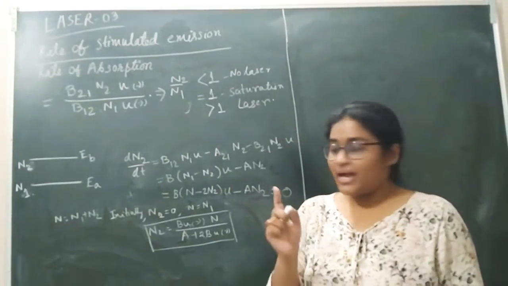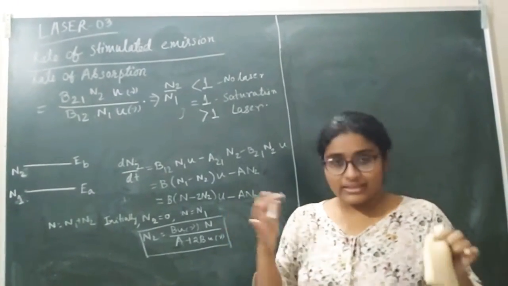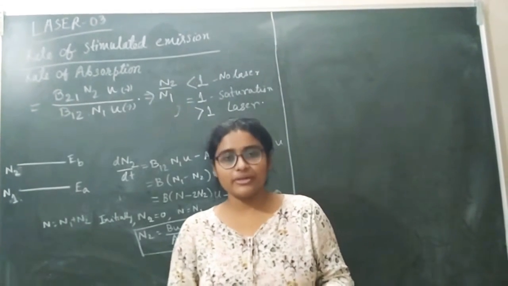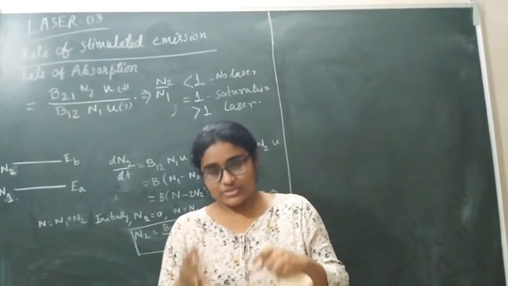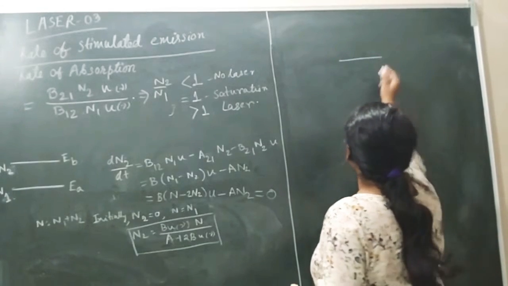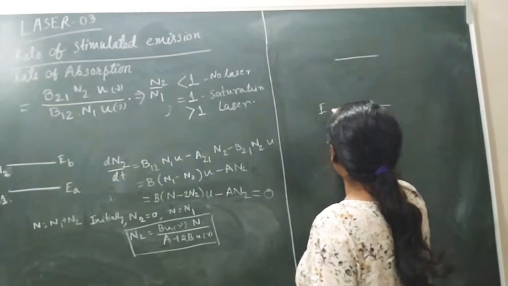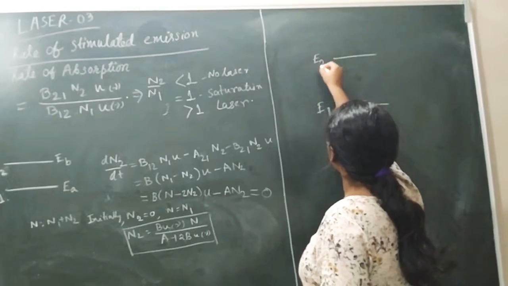So last time I told you that lasing action will only be possible whenever there is stimulated emission. In the case of a two level system, suppose this is E1 and this is E2.